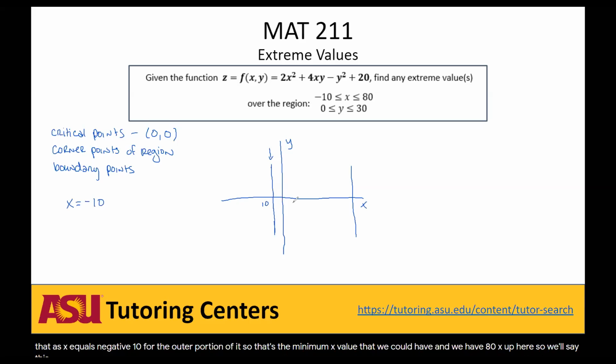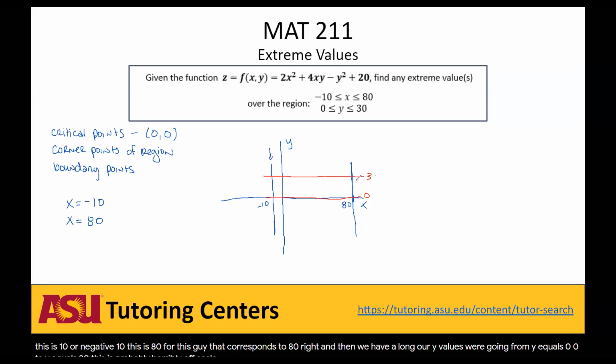Then along our y values, we're going from y equals 0 to y equals 30. This is probably horribly off scale, but you get the idea. So we have a corner point at this point, this point, this point, and this point.